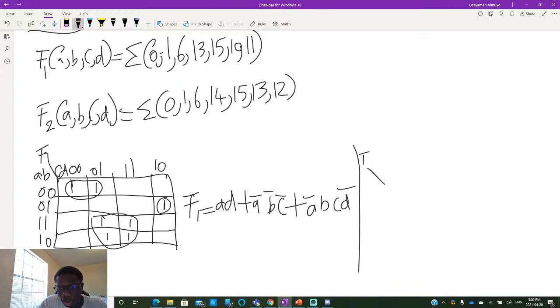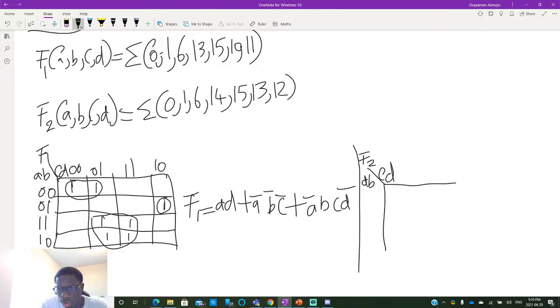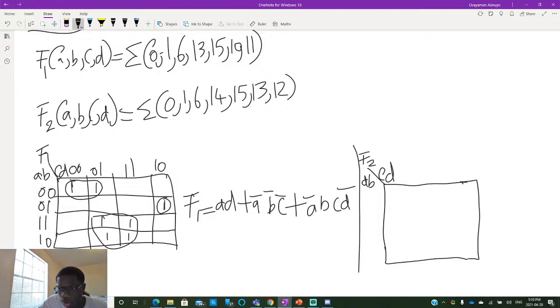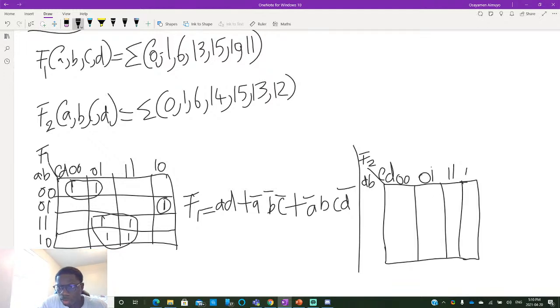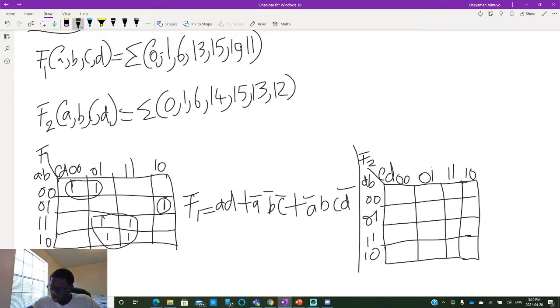So we just draw the K-map for that as well. So drawing this is where we would have that.